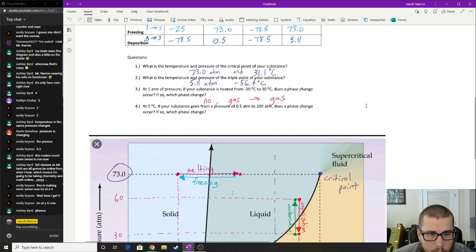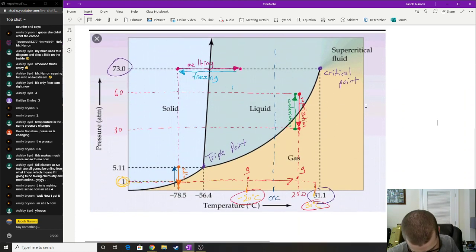It says I'm going from 0.5 to 200. I already know 0.5 is going to be down here somewhere. I already know 200 is going to be up here somewhere where I can't see it. So let's just assume we're starting right there, and we're ending somewhere off the diagram, way up there. You tell me, did a phase change occur?